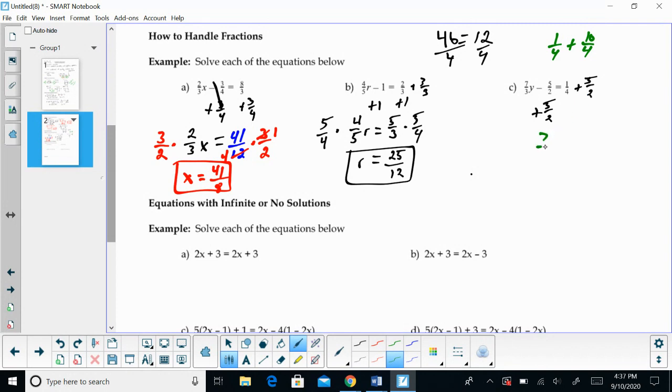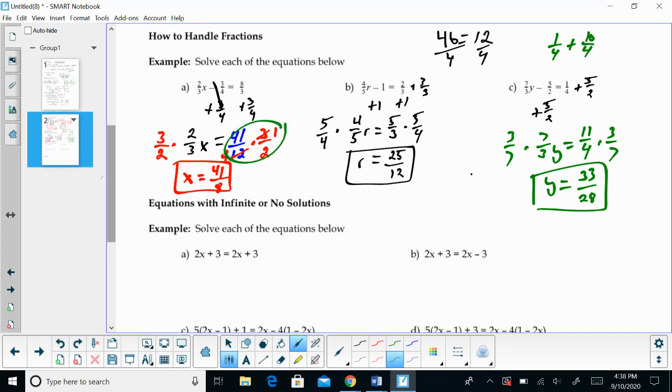I have 7/3 y equals 11/4. Multiplying by the reciprocal. Again, can't simplify here, so I'd have 33/28 as my final answer. You can always simplify at the end if you don't catch it in the middle step here. We can always reduce our fraction when we get down to the very end.